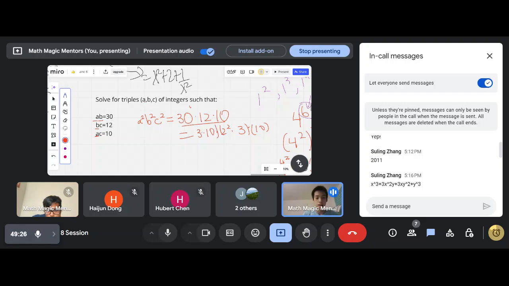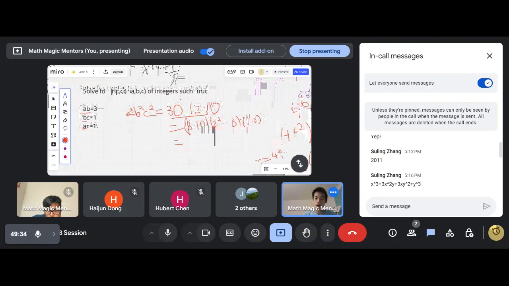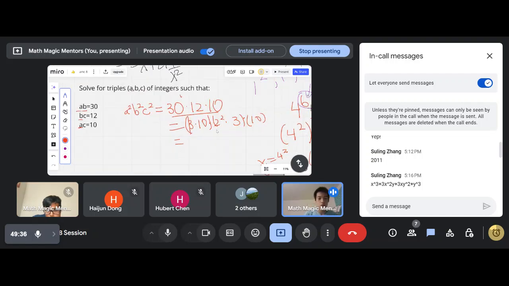So if we write it like that, we can see how it's really nice here, because if we just multiply the like terms together, right? So 2 squared, because there's only one 2 in the middle, and you get two threes, which is 3 squared, and 10 squared, because there are two tens, one in the 30 and one in the 10, if that makes sense.